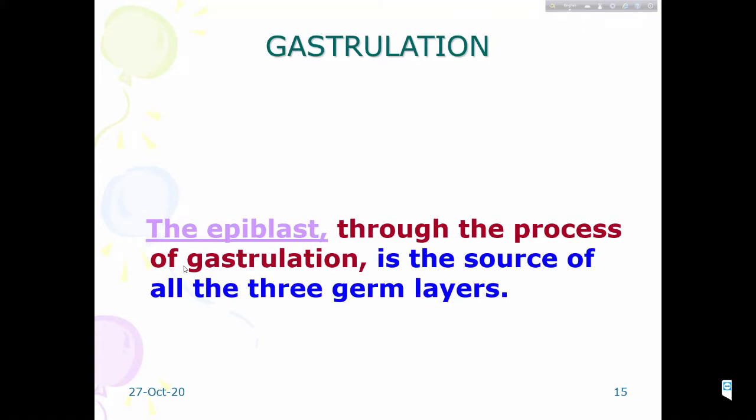The epiblast and hypoblast are the two basic layers of the germ disc during the second week. During gastrulation in the third week, the three basic germ layers, ectoderm, mesoderm, and endoderm, are formed. So how are they formed? For them to be formed, there should be the appearance of a primitive streak.